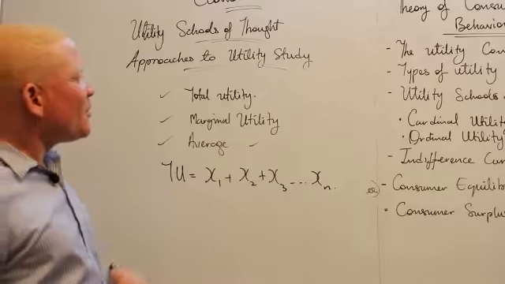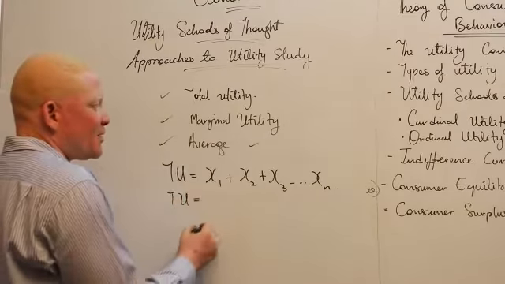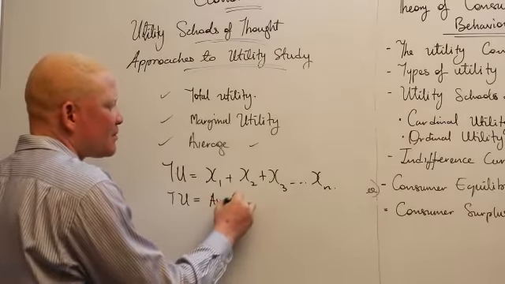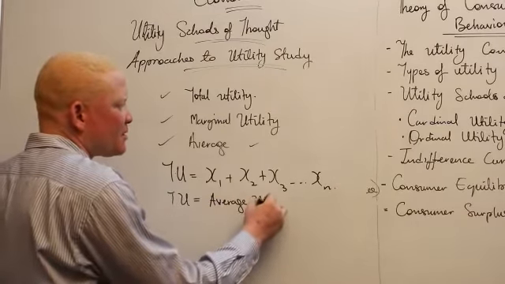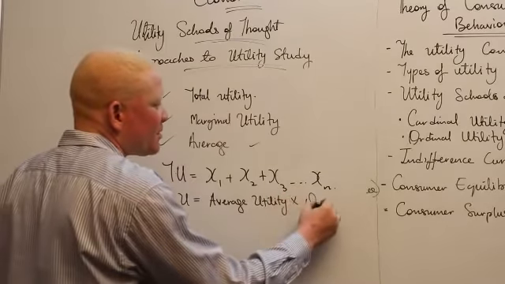Total utility could also be calculated using average utility multiplied by the quantity consumed.